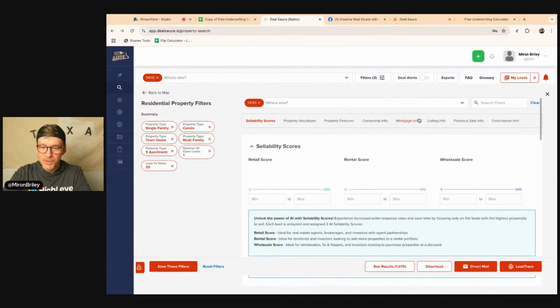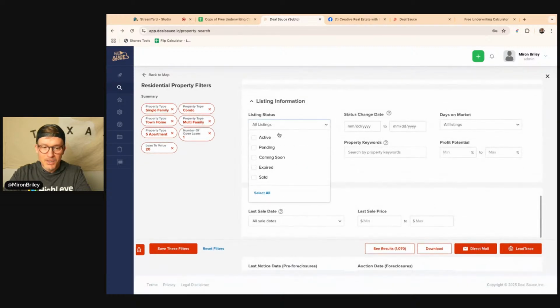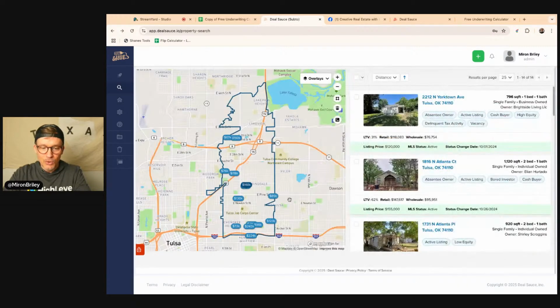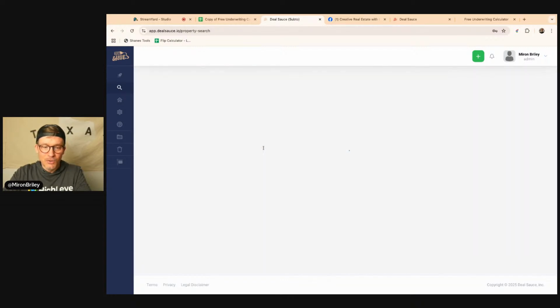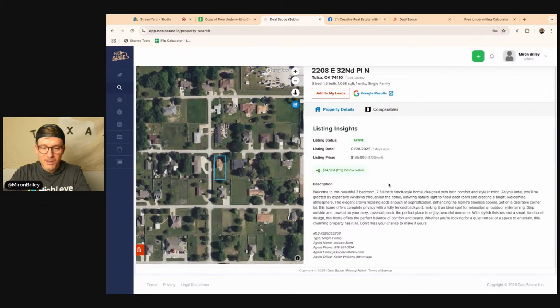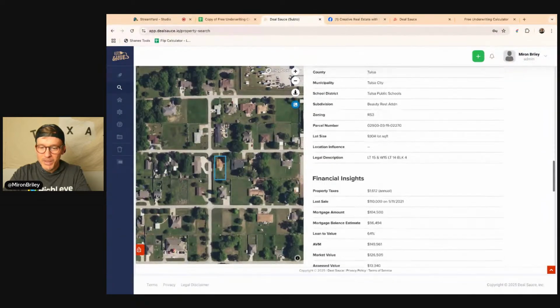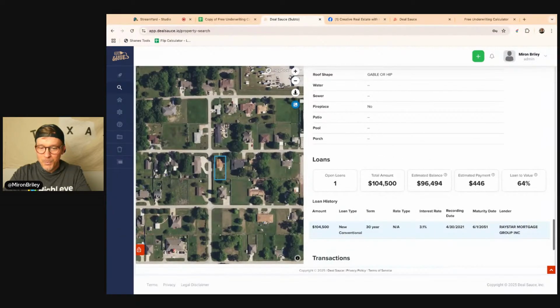I'm gonna do one more thing. Hold on. I'm just gonna get an active listing, low equity. Okay, give me a break. What do we got? Okay. It's 104 over 30 years, and they said the payment is 446. This makes sense.